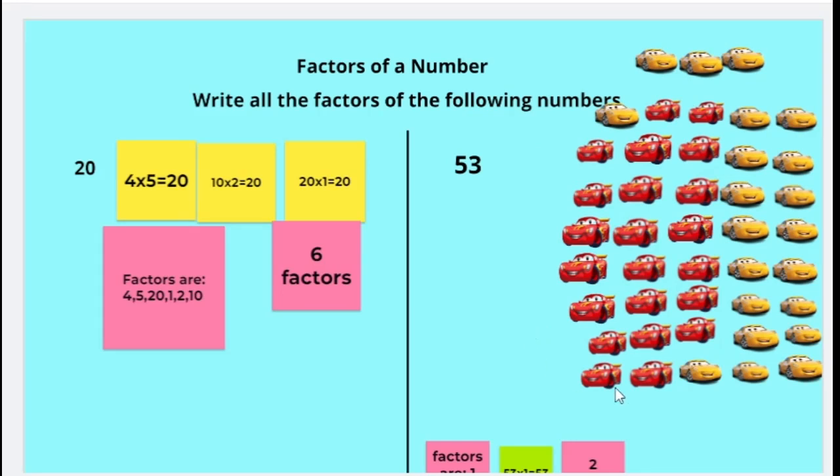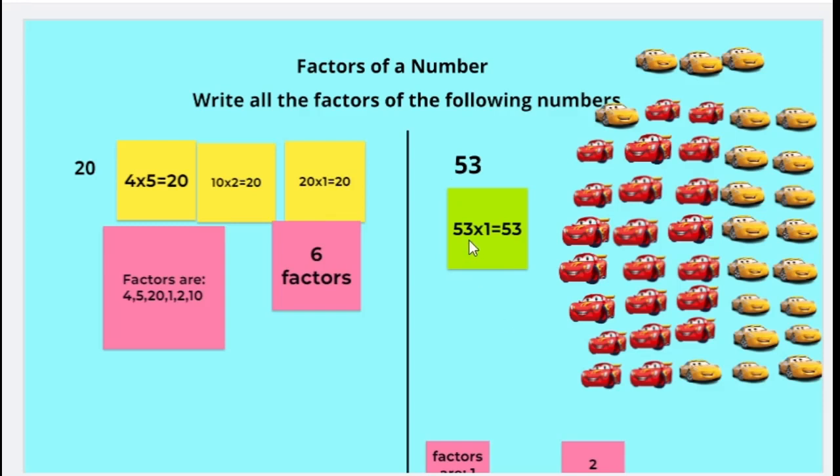Now, guess what? What 2 numbers can you multiply to get 53? It will be 53 times 1 equal to 53.